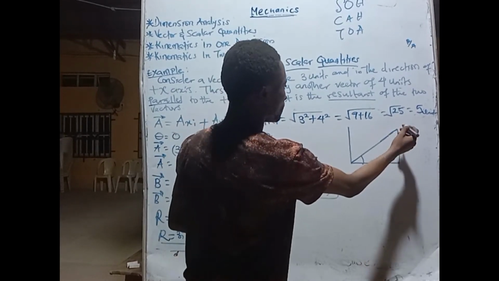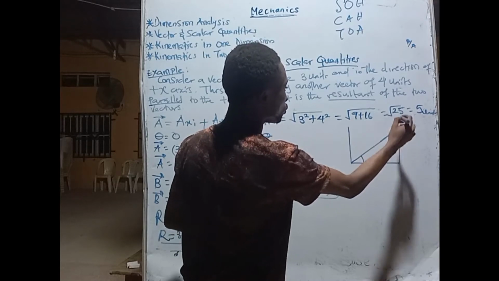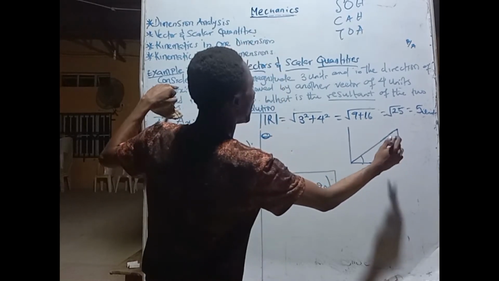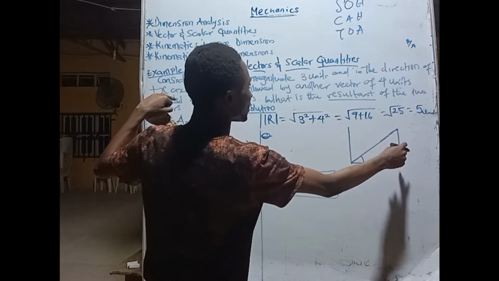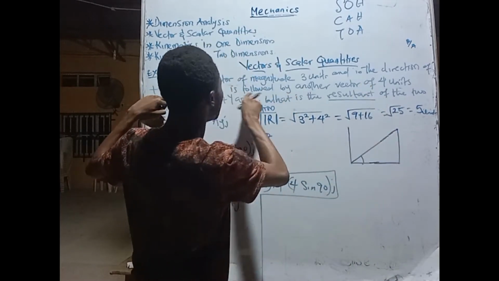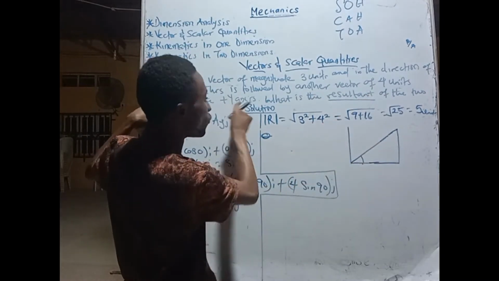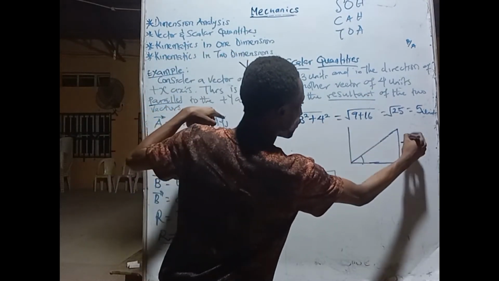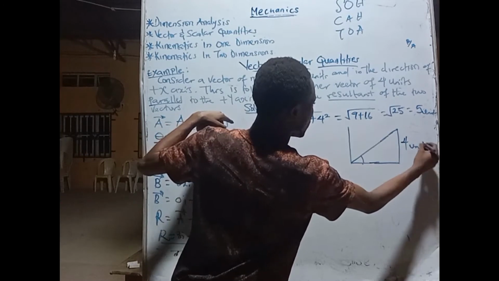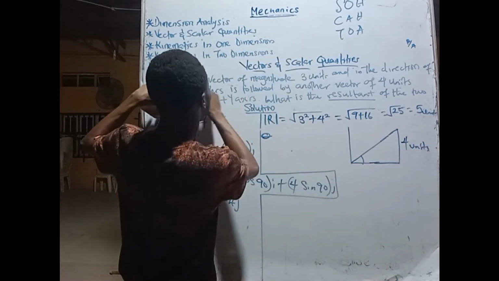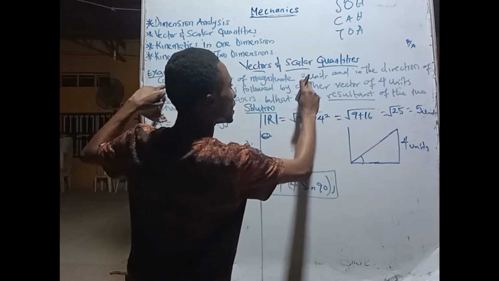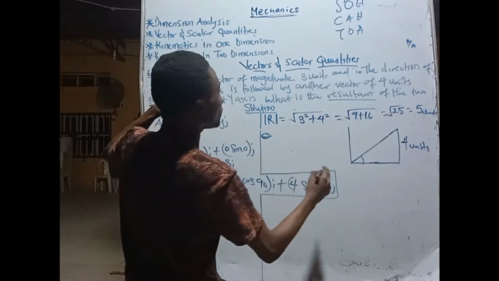From the question that we solved, you should know that our y-axis is followed by another vector of 4 units parallel to the y-axis. So we have 4 units here. And remember, we considered a vector of magnitude 3 units in the direction of the positive x-axis.